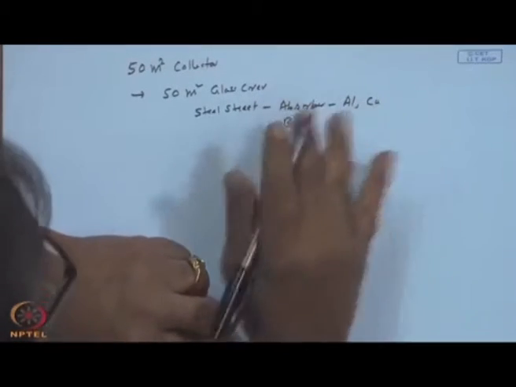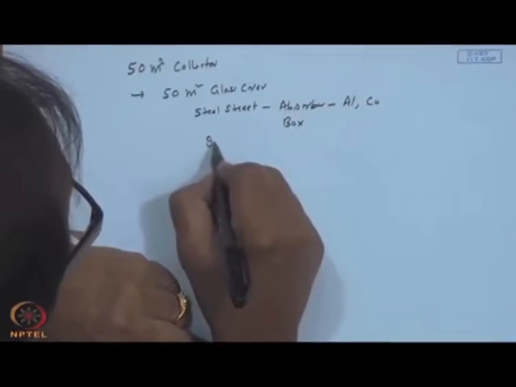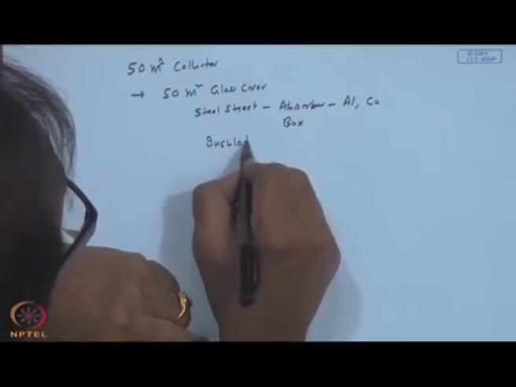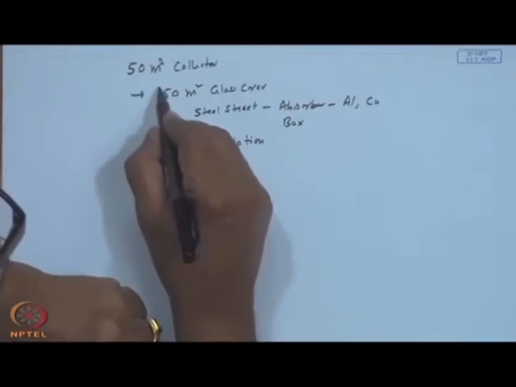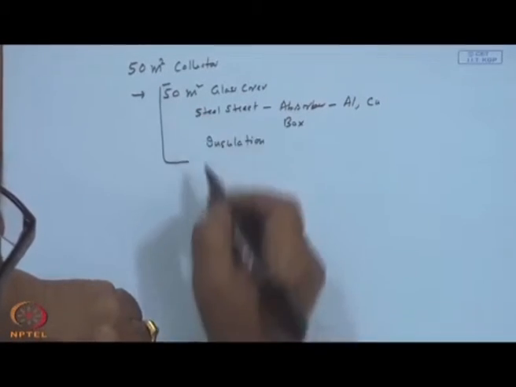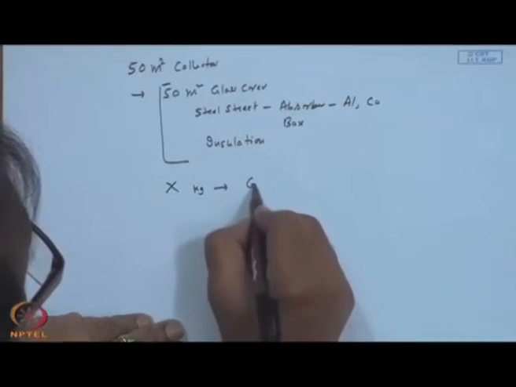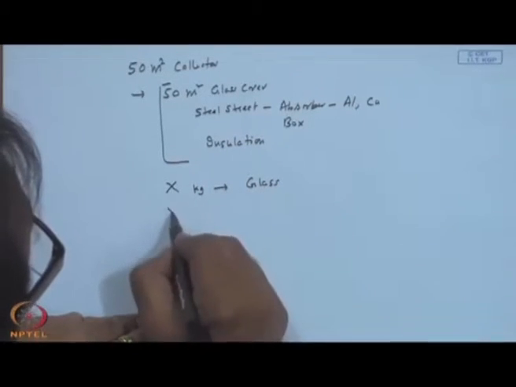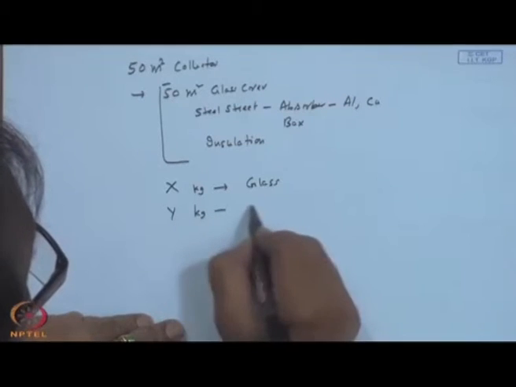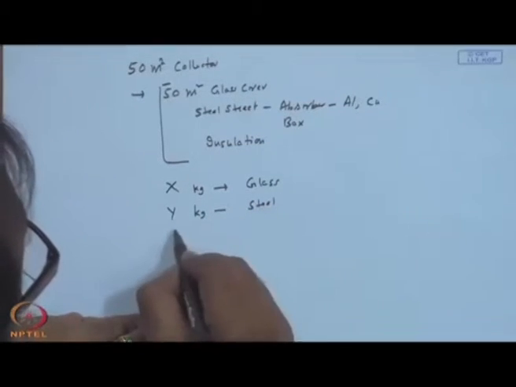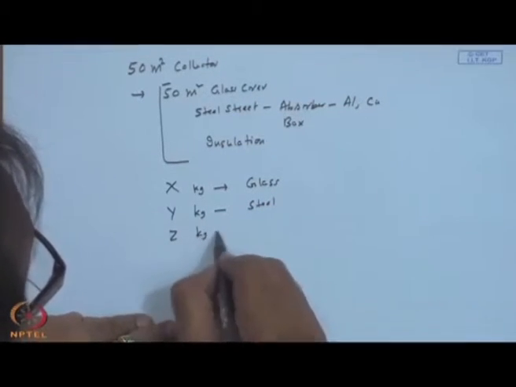Nevertheless, it is a material. Then some insulation. So, all these things may come to some x kg of glass and y kg of steel and some z kg others.